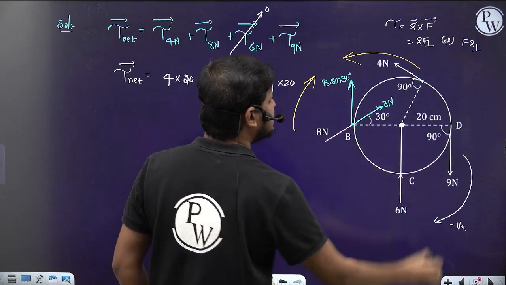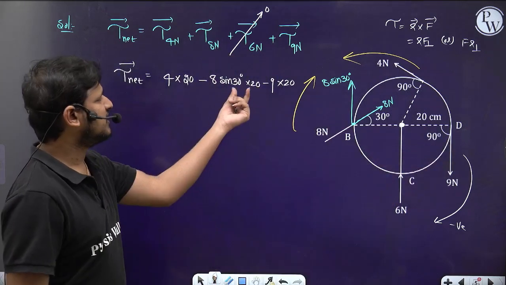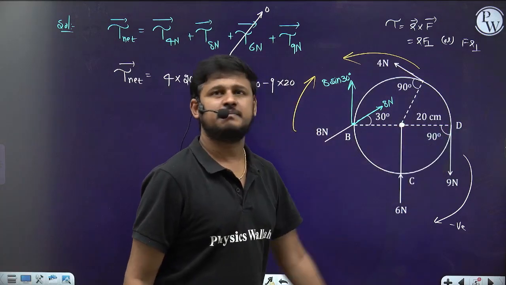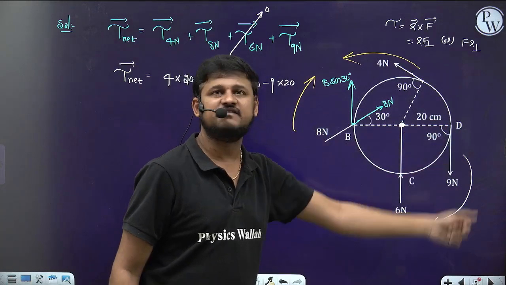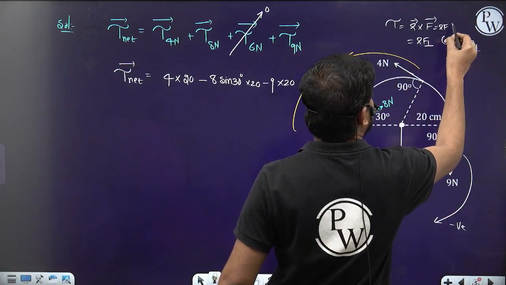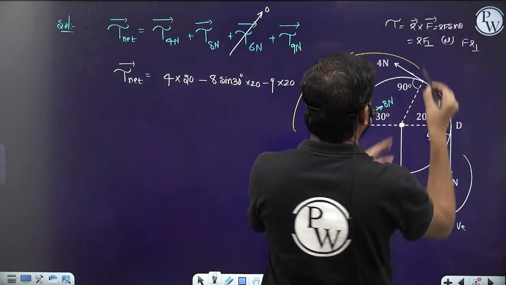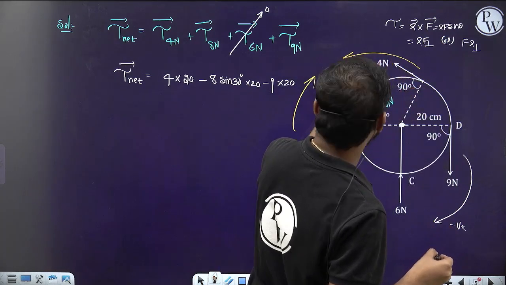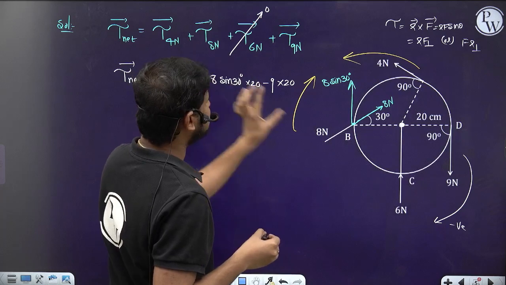However the angle is 90, sine 90 is 1. You can write RF sine theta also. Already the radius and the force are perpendicular, so the angle is 90 degrees, and RF sine 90 is 1, right?